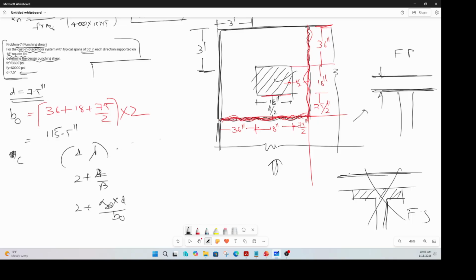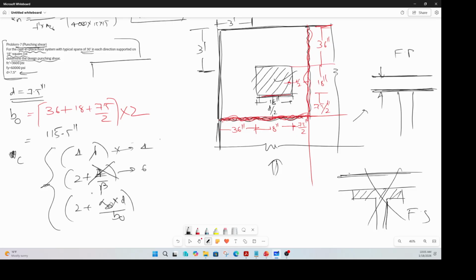Then you multiply this with square root of fc prime into bw into d to find out your value. But we'll have to pick up the minimum value from this. So 4 times lambda, for normal weight concrete, is roughly 4. The beta is the ratio of long side of the column to short side of the column. We have a square column, so beta is 1. That means this one is 2 plus 4, roughly 6.